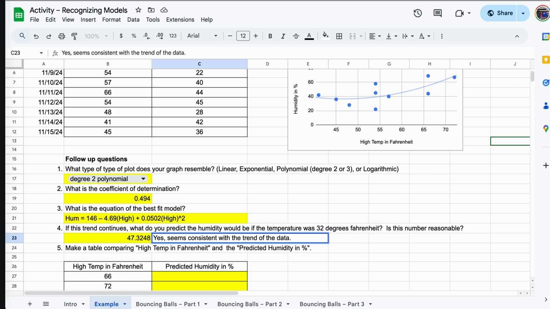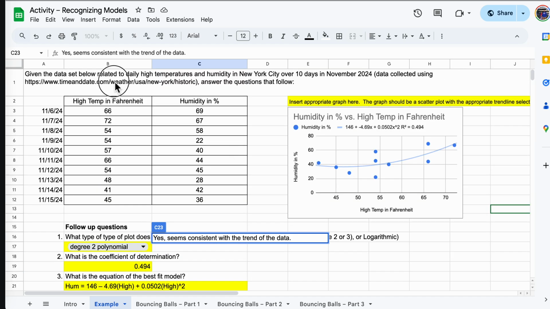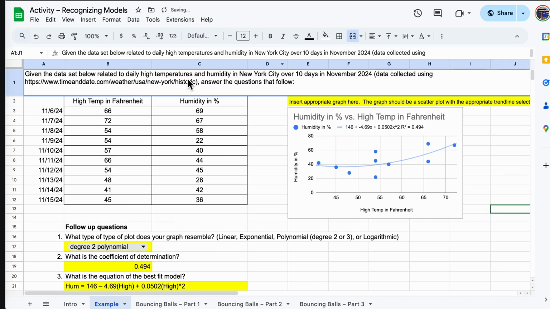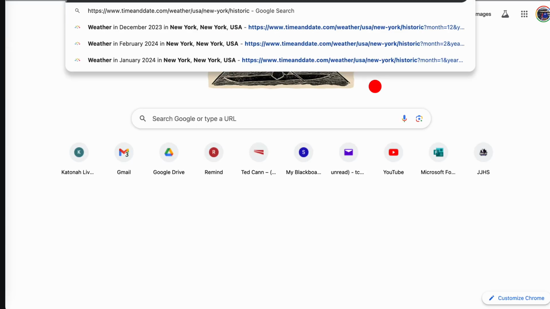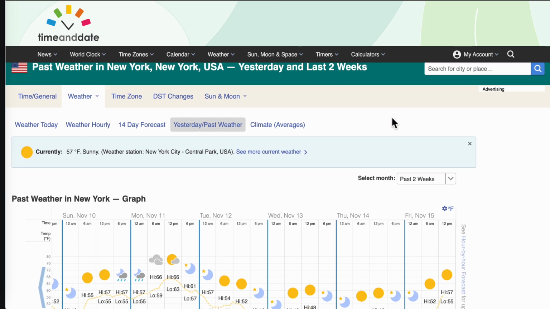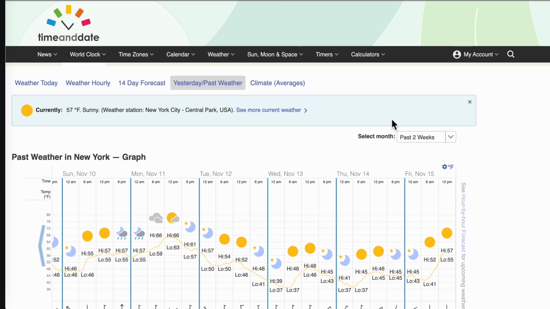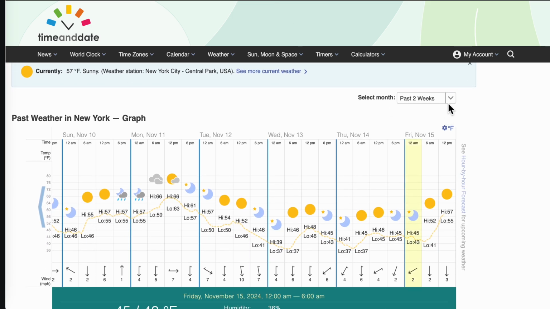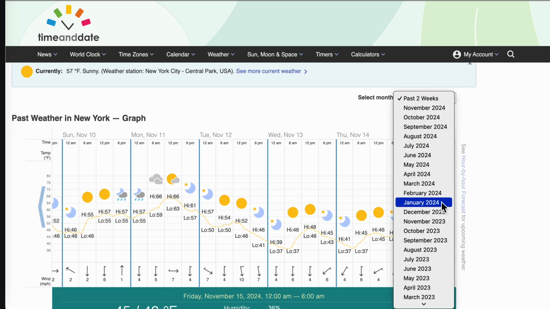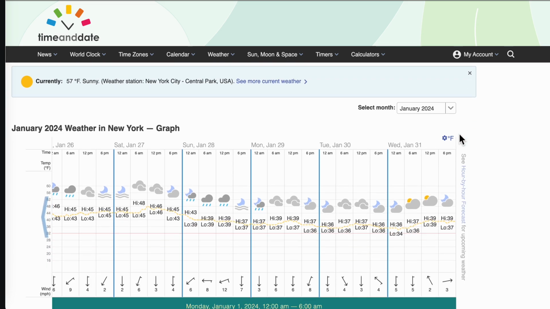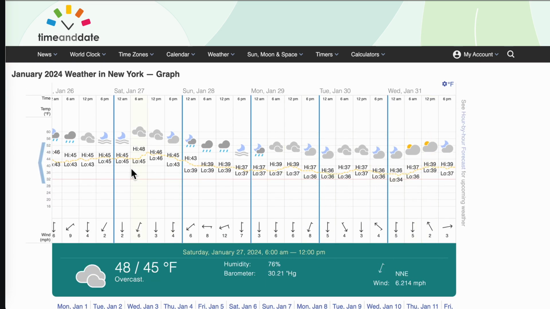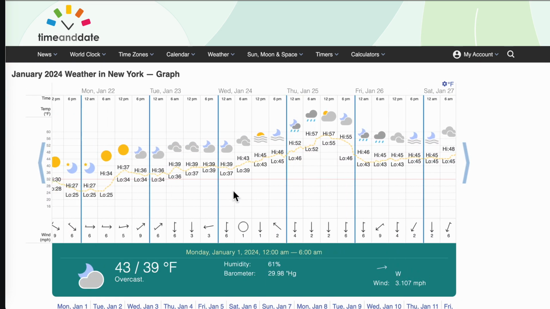You could also go to this website that I indicated here. I'll open a browser. So this is where I collected the information to begin with. 32 degrees is a winter temperature typically, so I'm going to grab something from maybe January and see if I could find a high temperature of 32.